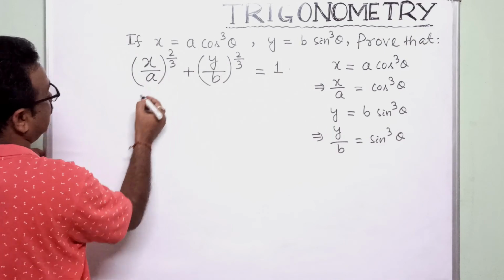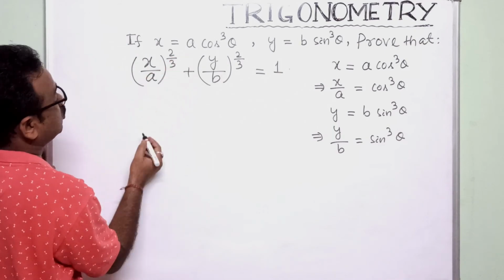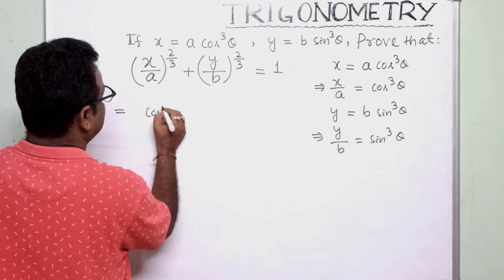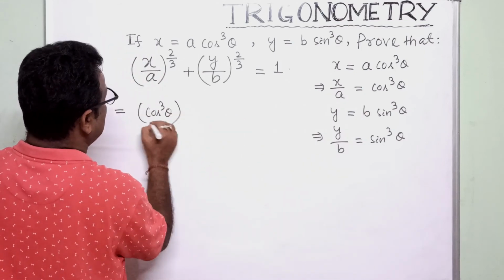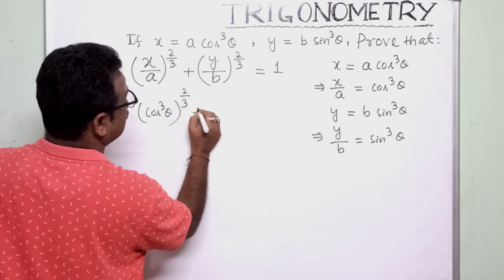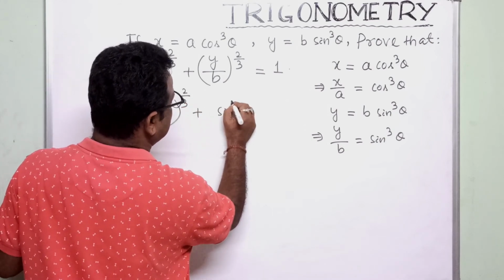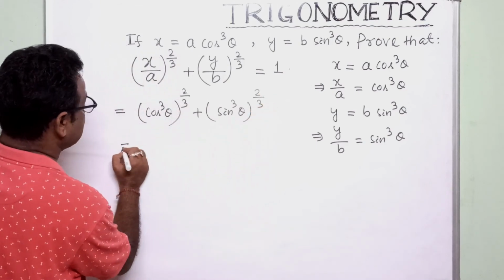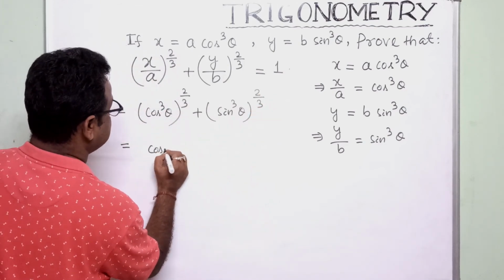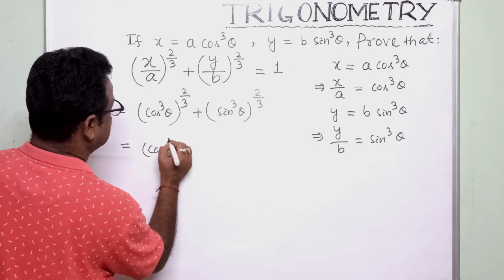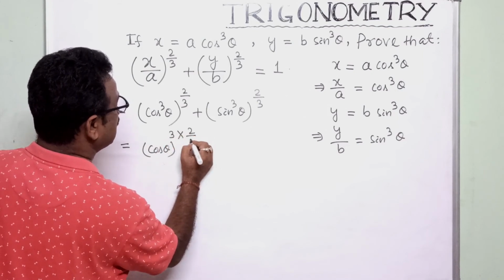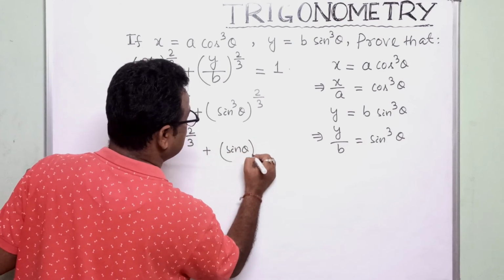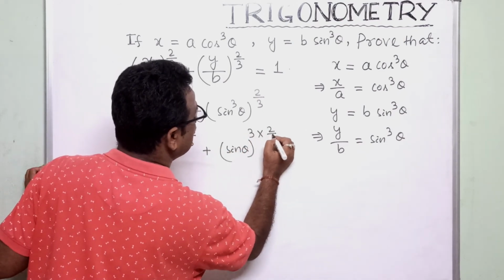Okay. Now here (x by a) to the power 2 by 3 plus (y by b) to the power 2 by 3 is equal to (cos cube theta) to the power 2 by 3 plus (sin cube theta) to the power 2 by 3, that is equal to cos theta to the power 3 into 2 by 3 plus sin theta to the power 3 into 2 by 3.